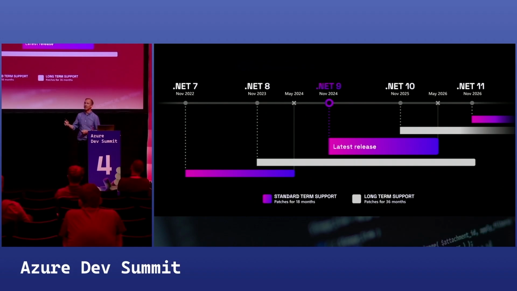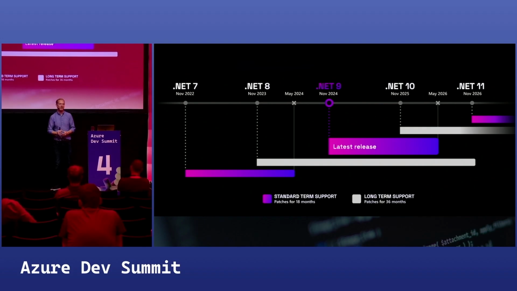Every second year it's a long-term support version, and the year in between it's a standard support version. Some people think that just because it's a standard support version, it's not as good, or it includes experimental features, or it's not as stable, but that's not how this works. The only thing that this really bad naming refers to is how long Microsoft supports the release of that .NET version.